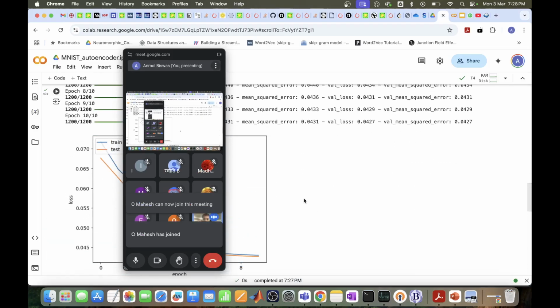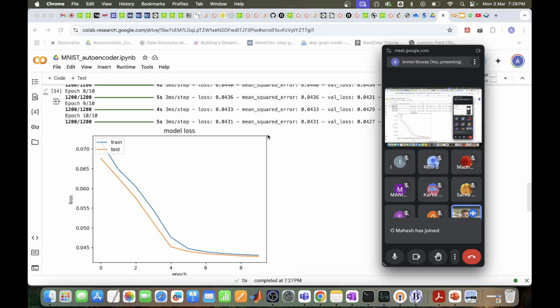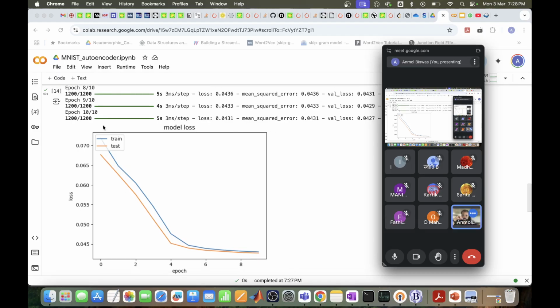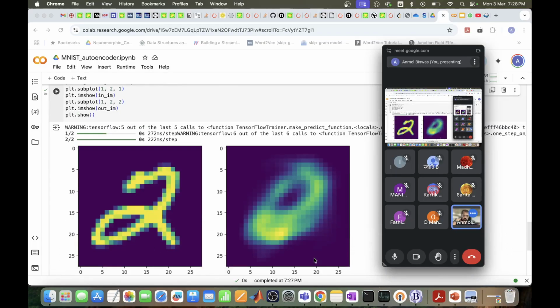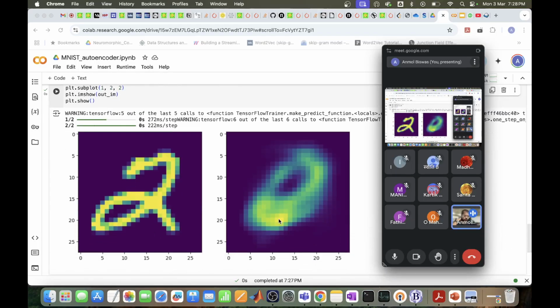It is saturated at 0.043, and if you look at train and validation, the validation is tracking very well with the train, and they are converging. If we continue training, most likely the training will go below the validation. And here we have something a little different, but it is still not good.